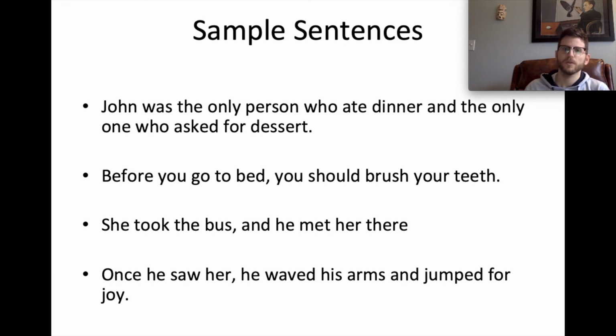So let's look. John was the only person who ate dinner. Just before my and, what do I have there? Okay. John, subject. Was, verb. It's the verb to be in the past tense. John was the only person, noun.